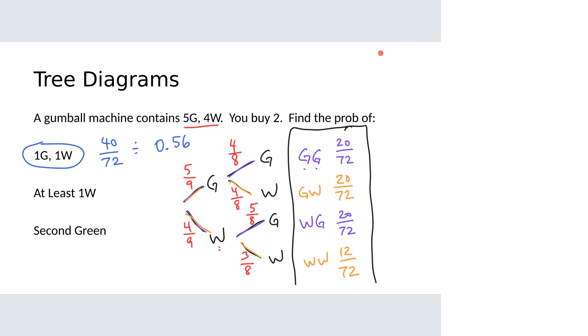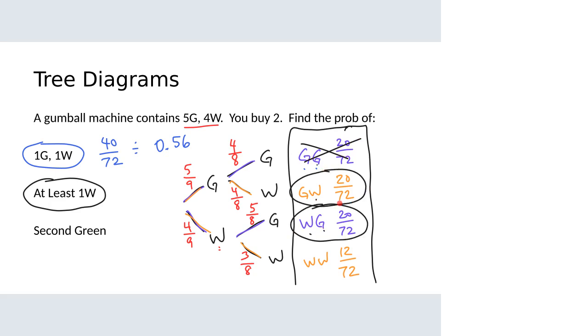Let's answer those other two questions we've got here. The next one says, what's the probability of at least one white? So anywhere there's at least one white is a success. Green, green, nope. Green, white, yes, that has at least one white. White, green, yes, at least one white. White, white, yes, at least one white. So I can have at least one white this way, or this way, or this way.